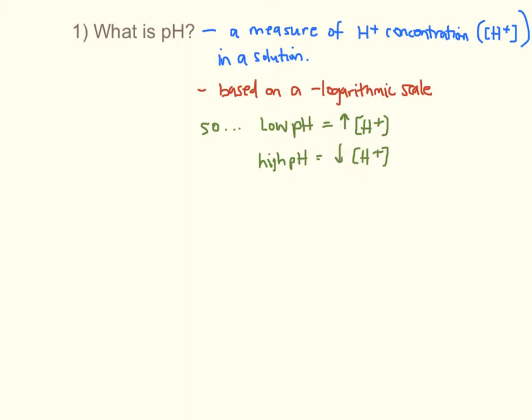So it's kind of the opposite of what you might expect, since hydrogen ions are a measure of something that's acidic or basic. If it's a low pH, that means it's got greater hydrogen ion concentration and is also more acidic. And something with a high pH or a lower hydrogen ion concentration is less acidic, more basic.